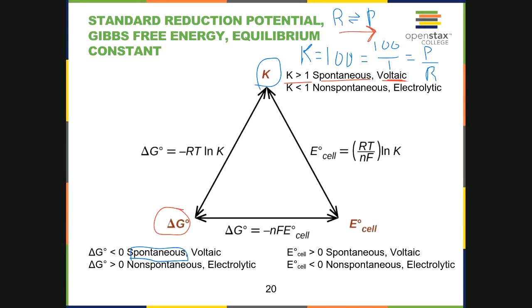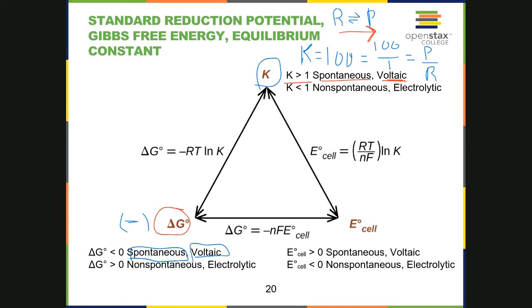So we're looking for a negative value. So what would correspond to spontaneous, or if we're thinking about it in terms of electrochemistry, voltaic, is if the Gibbs free energy is negative.